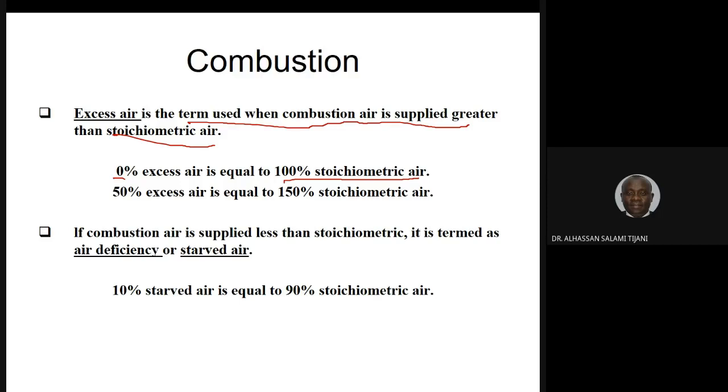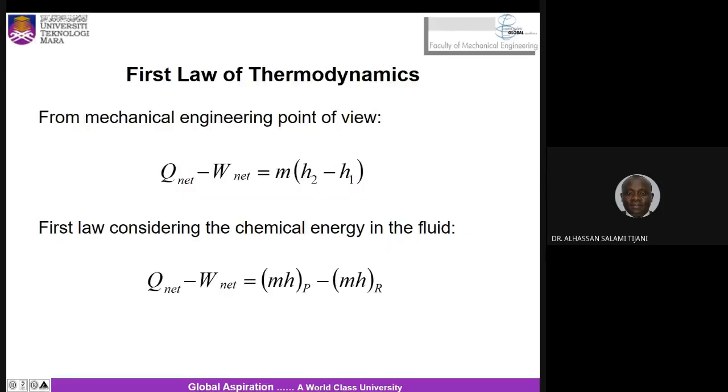All right. And when we say 50% excess air, it is equal to 150% stoichiometric amount of air. All right. Now, in combustion, we can also reduce the amount of air. This is called starved. Let's say if I have 10% starved air, it is equal to 90% stoichiometric amount of air.